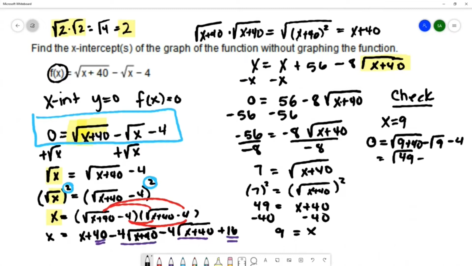The square root of 9 is 3. The square root of 49 is 7. And negative 3 minus 4 is negative 7. And 7 minus 7 is 0. So 9 is a solution to this equation, and that's also the x-intercept of this function.